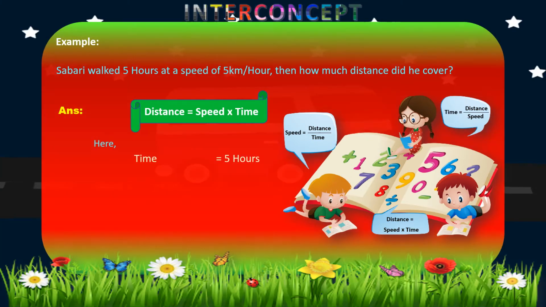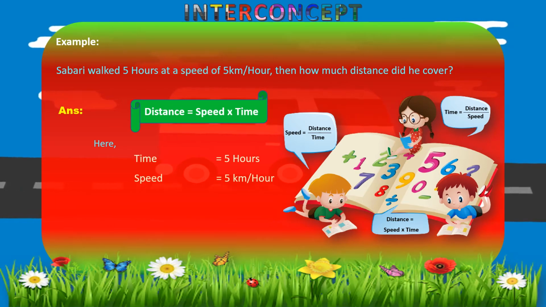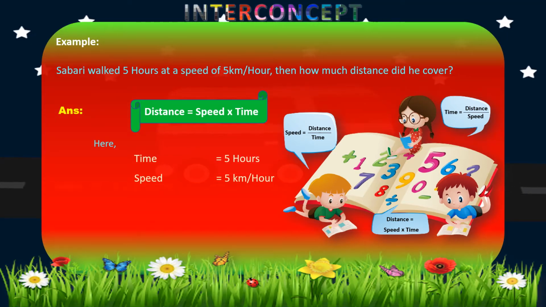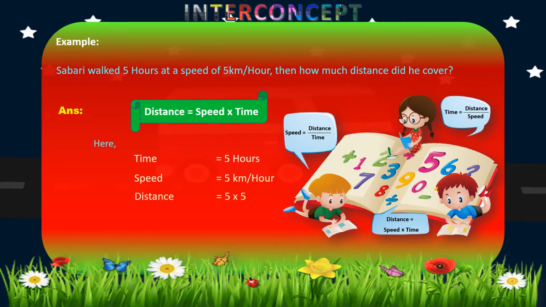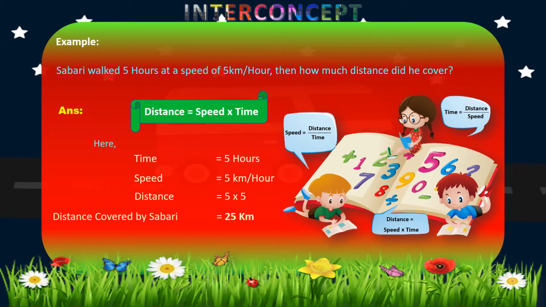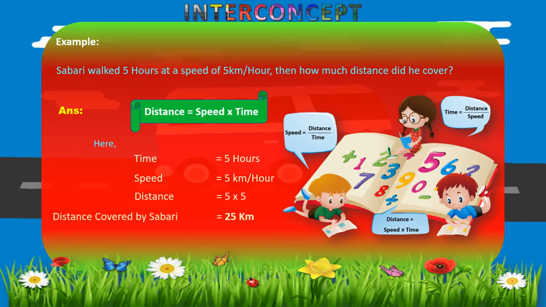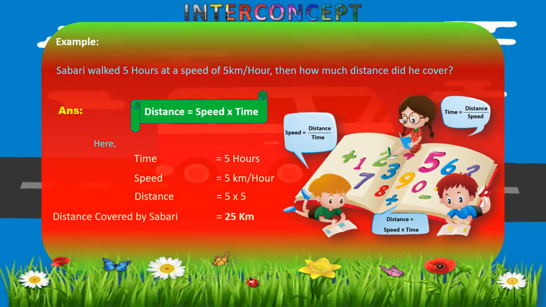Here, time equal to 5 hours. Then what is the speed? Yes, the speed is 5 km per hour. Now the distance is equal to 5 into 5. So the answer is 25. Distance covered by Sabari is 25 kilometers.